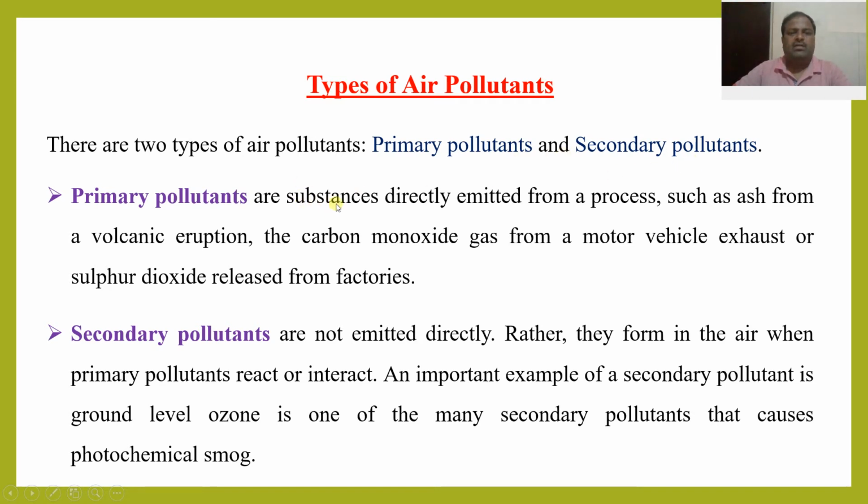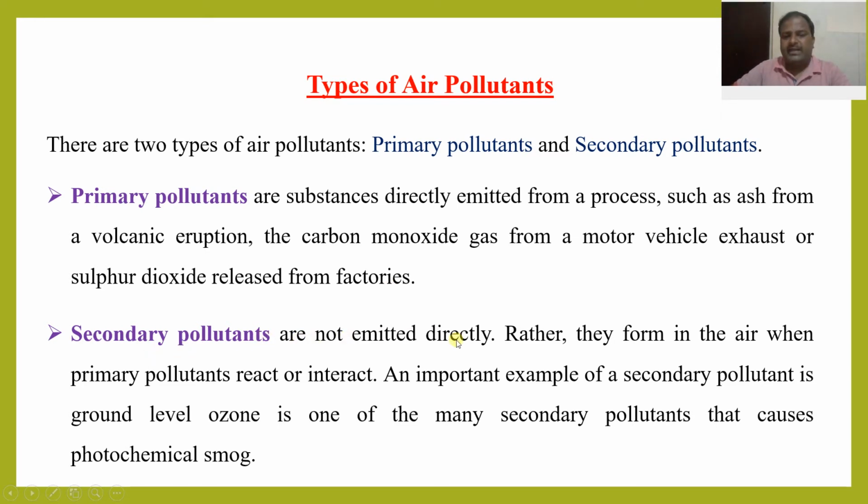Primary pollutants are the substances which are directly emitted from a process, such as ash from a volcanic eruption, carbon monoxide gas from a motor vehicle exhaust, or sulfur dioxide released from factories. So these are primary pollutants. And the second one, secondary pollutants.